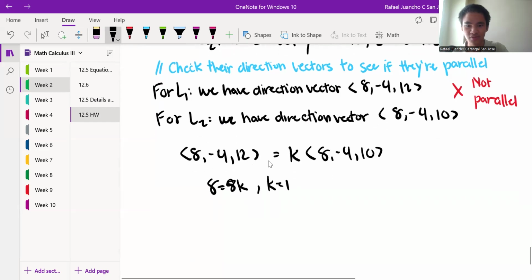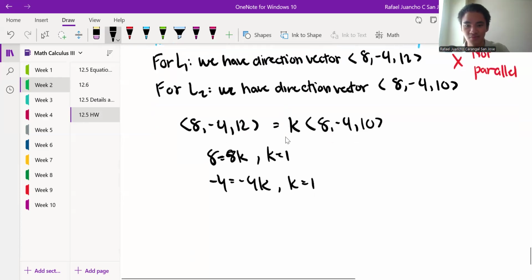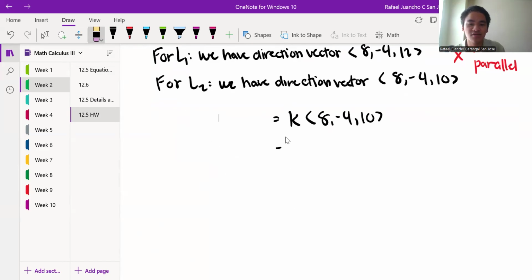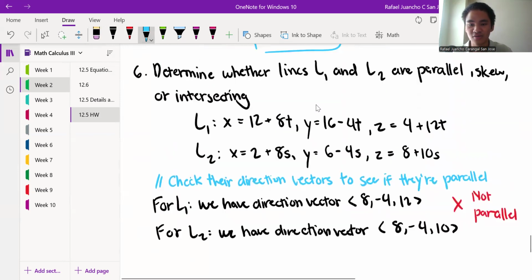Now in the next part, negative 4 equals negative 4k, k is also 1. But when we reach 12 and 10k, we get 12 over 10 per k, which is not equal to what we got. So it has to have the same multiplier. So it means they're not parallel, right? So we can take that out of the option.